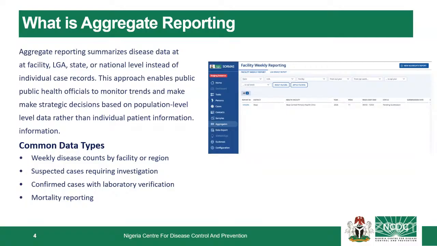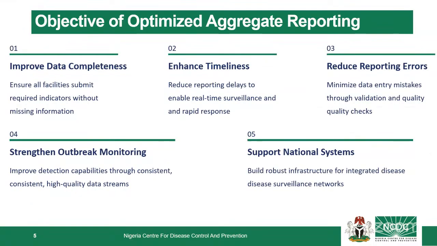The objective of optimizing aggregate reporting on the optimized SORMAS version is, overall, to improve data completeness using compulsory field entry for key variables, and to enhance timeliness of data.